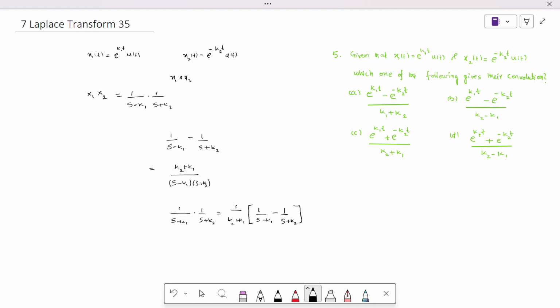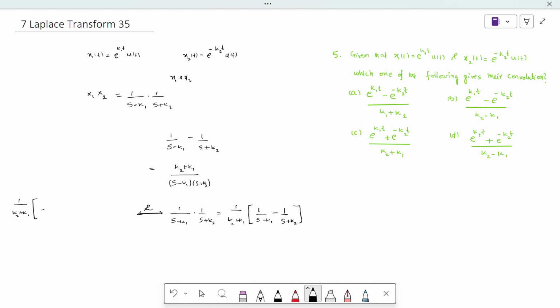This partial fraction is a shortcut. By practicing, you can get it easily. Now apply the inverse Laplace transform. 1 by k2 plus k1 is a constant.